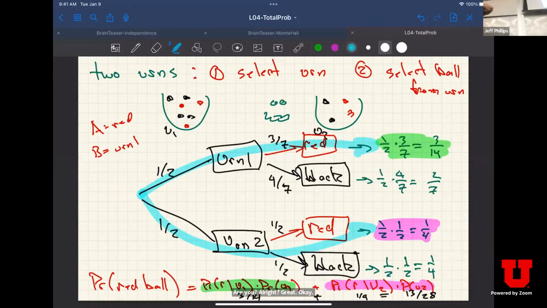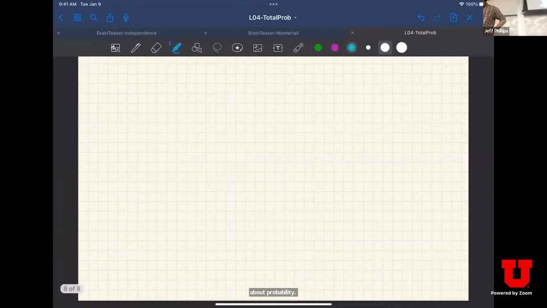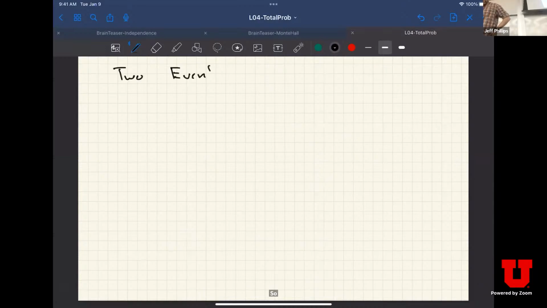Okay. I want to finish before we do the quiz with another kind of way of thinking about probability, just to round out and give a different perspective to the way we've been thinking about it a little bit. So if we have two events, and this will tie into total probability just a bit, A and B, right?